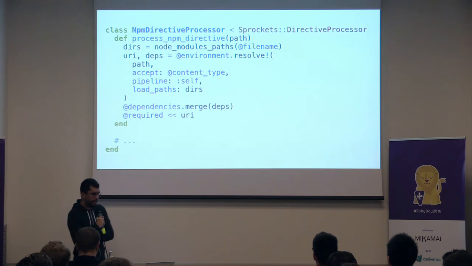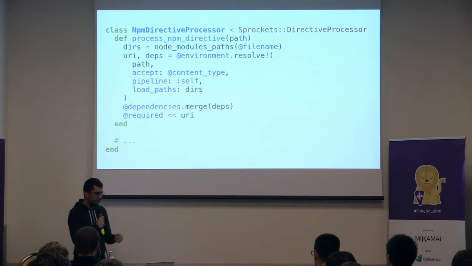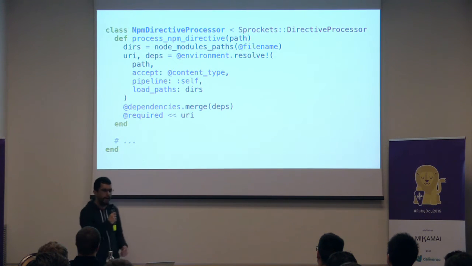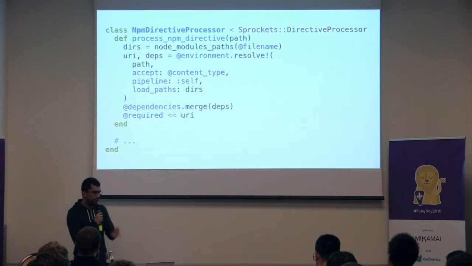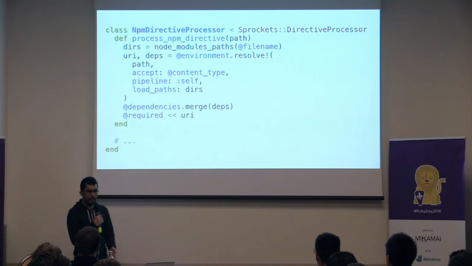And we define a method called process npm directive. When you have a method called process underscore something underscore directive, that something in the middle of the two words is going to be used as the name of the directive. It's actually only trying to find the file inside the node modules folder and adding that as a dependency of your bundle.